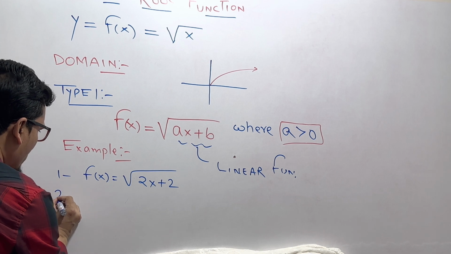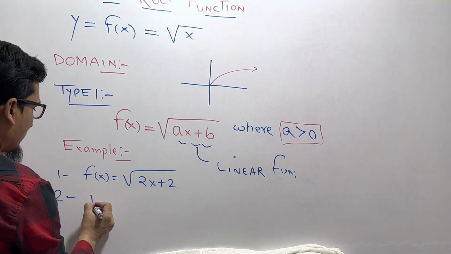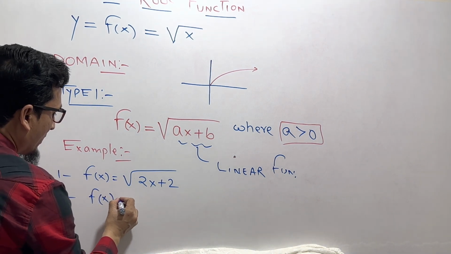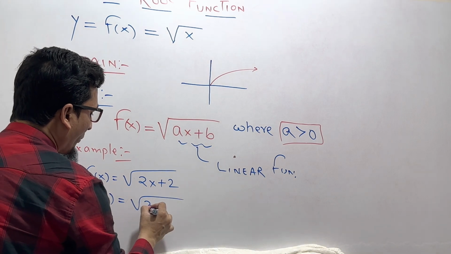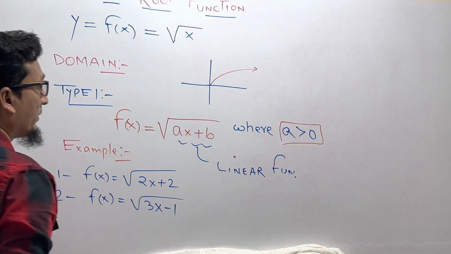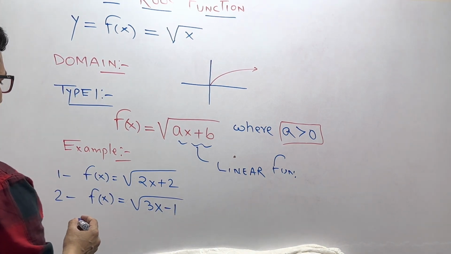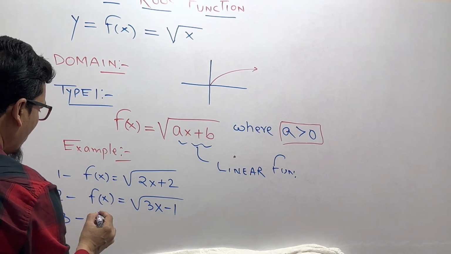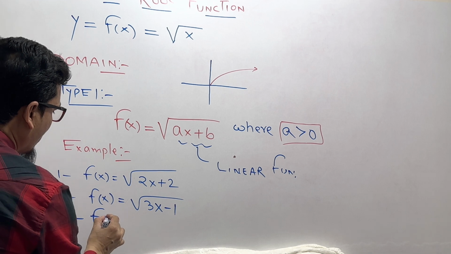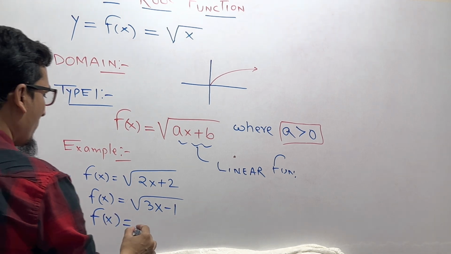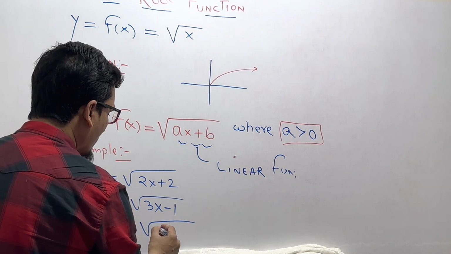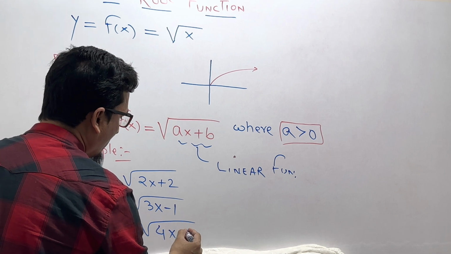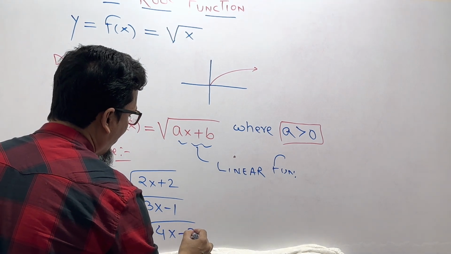I can ask you this question, f(x) is equal to square root of 3x minus 1. I can ask you f(x) is equal to square root of 4x minus 3.